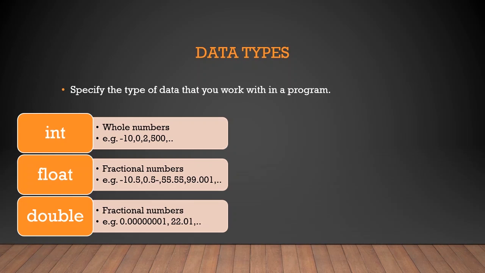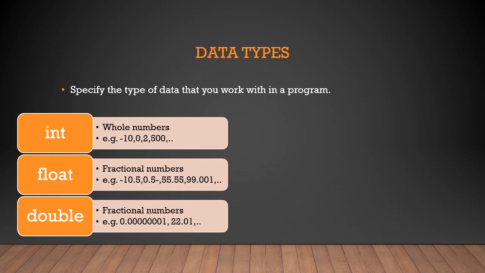Double, again you can store a fractional number, but the difference between a double and a float is in double you can store the decimal number up to 8 precision value. So here we have an example where it stores 0.00000001.